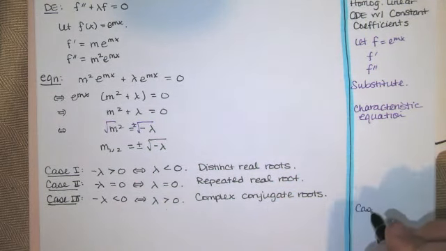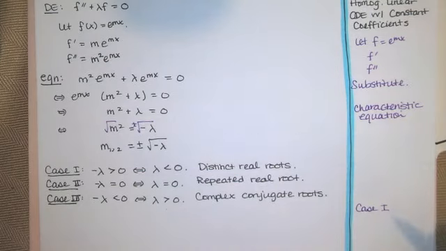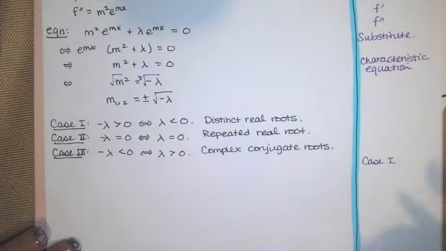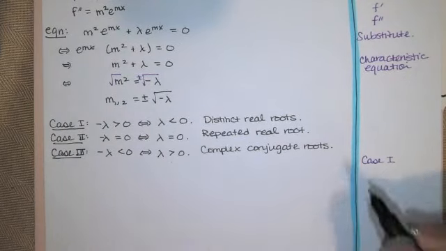Now from here, we're going to look at each case separately. We're going to find the general solution to the differential equation, and then think about which solutions satisfy the boundary conditions.